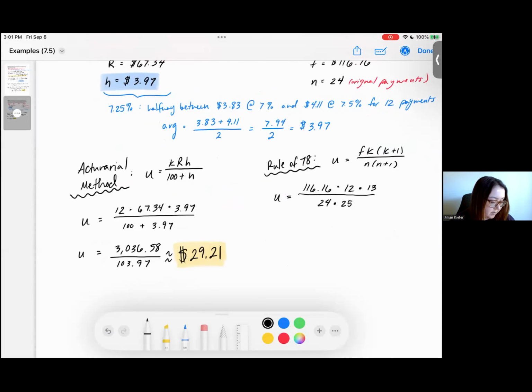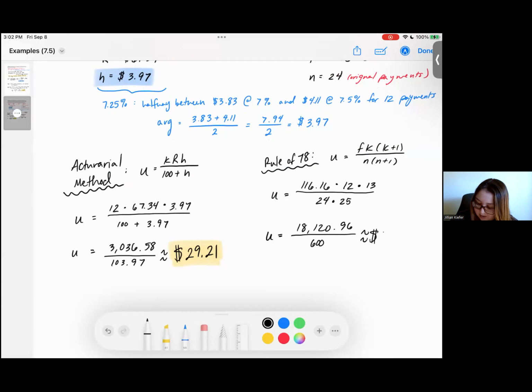So we have these values, and we can go ahead and simplify. We should end up getting in our numerator 18,120.96 divided by 600. Same as before, we plug this in our calculator and round to 2 decimal places to get $30.21.